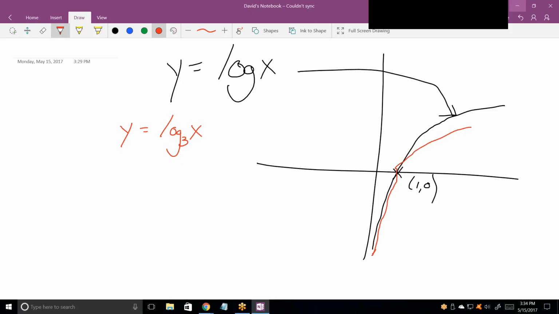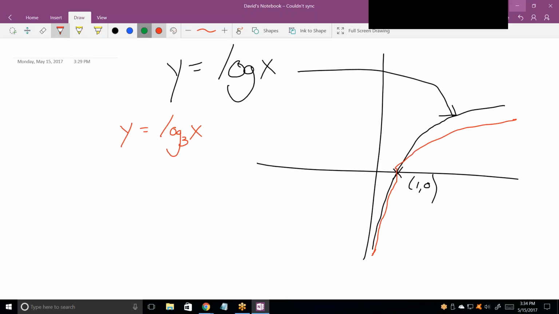Whether it's below or above the other one, I don't even know offhand. I think it's actually above. But if I gave you just the red curve or just the black curve, you wouldn't really be able to tell me much as to the base. You'd say that they're both the log function, but they could have different bases.